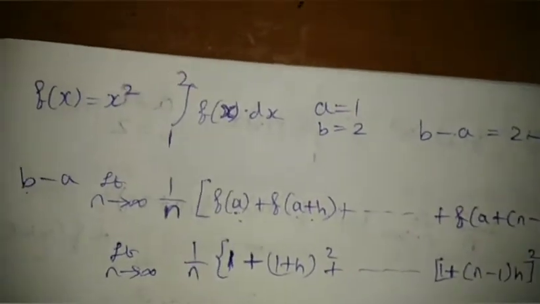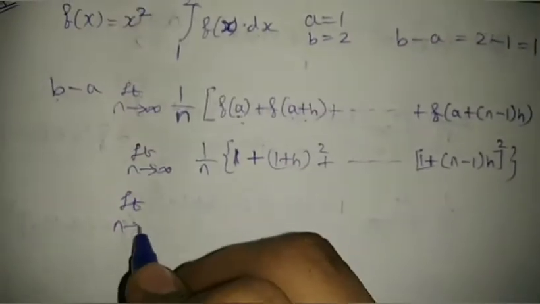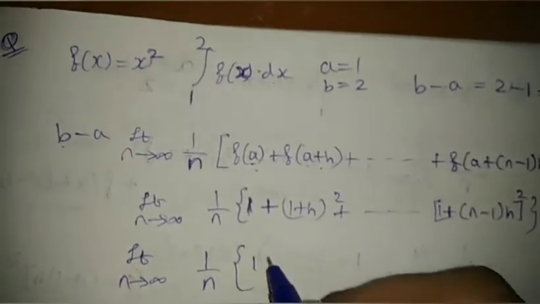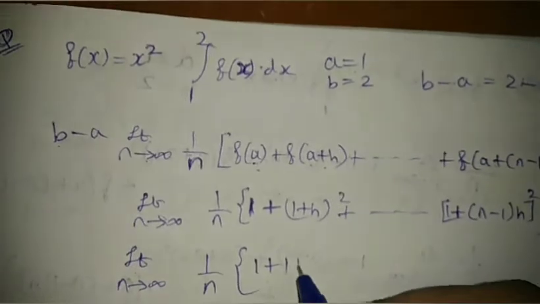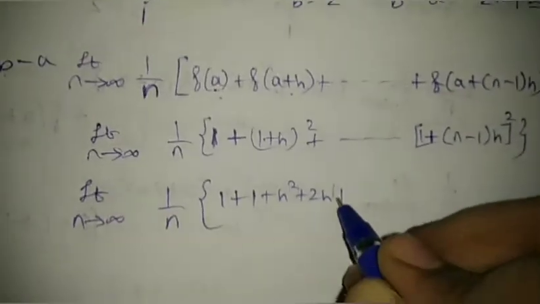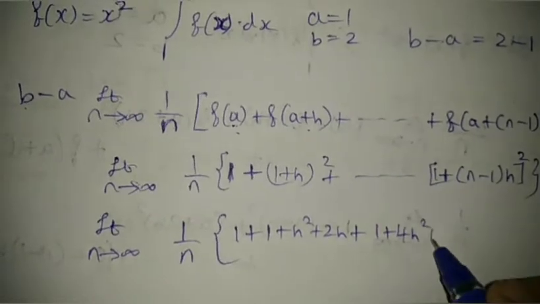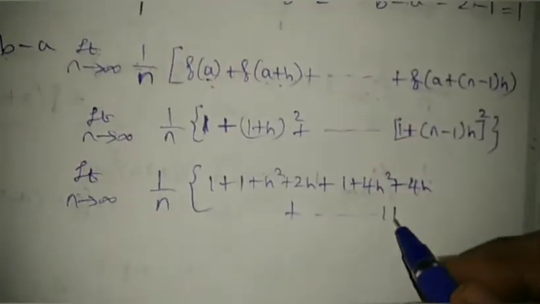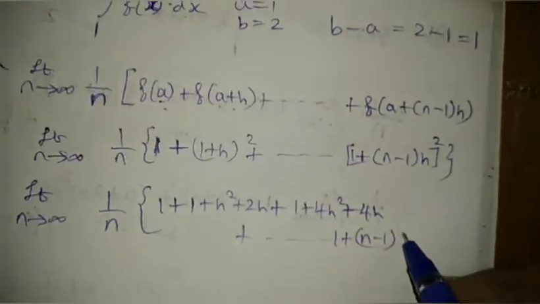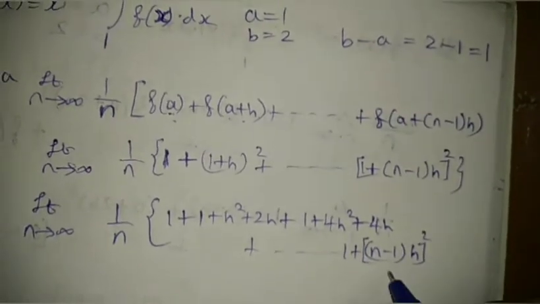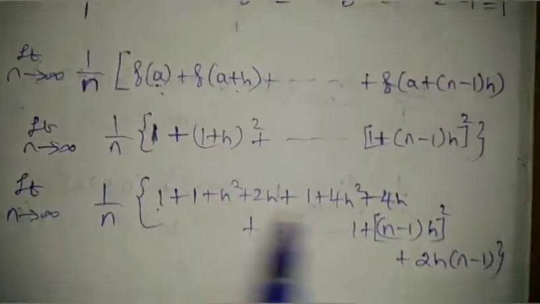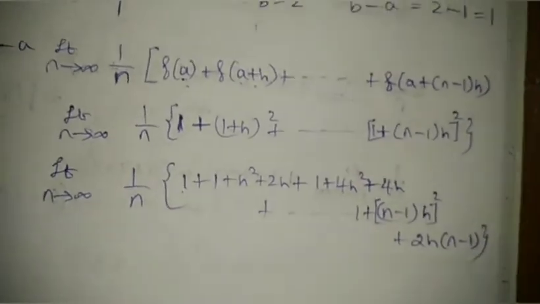Now we have to split, expand this, that's all. So limit n tends to infinity, 1 by n. When you split it, 1 plus, here also 1 plus h square, that is 1 plus 2h plus h square, then 1 plus 4h plus 4h square, and so on up to 1 plus n minus 1 into h the whole square, that is 1 plus 2h into n minus 1 plus the square term, correct? Now we have to group the 1s separately.